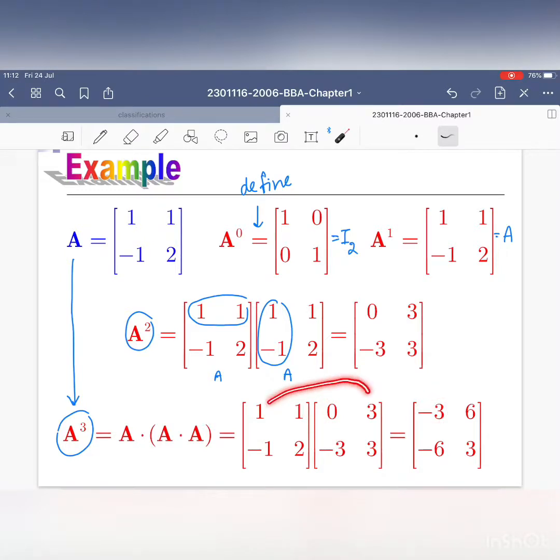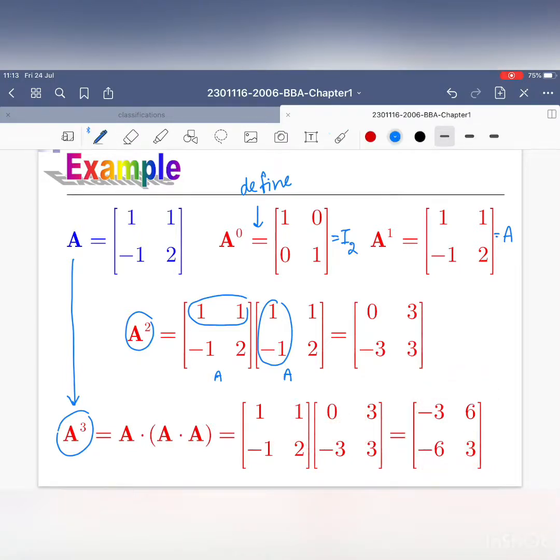The first row and the second column, you got a 3 and a 3, together it is a 6. The second row and the first column, you got 0 and negative 6, so you have negative 6. And the last one, the second row and the second column, you have negative 3 and 6, which is a 3. So here is your A cube.